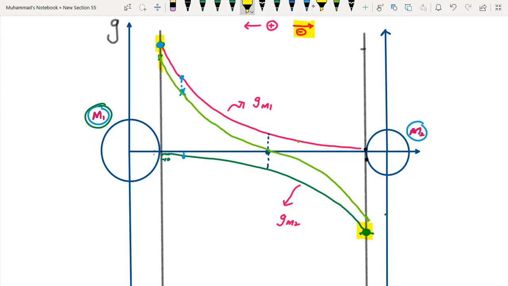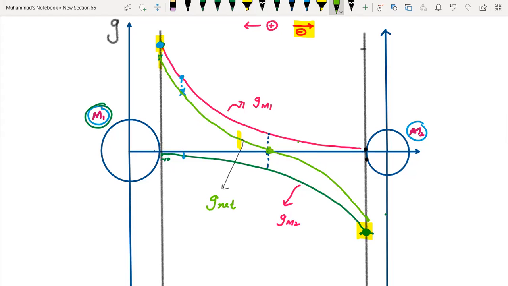Over here the resultant has greater value, it decreases, the resultant becomes 0 at this point, and then the direction of net gravitational field strength changes and the magnitude increases, and it is maximum at that point. This is how the net gravitational field strength changes with position x. So that is G net.